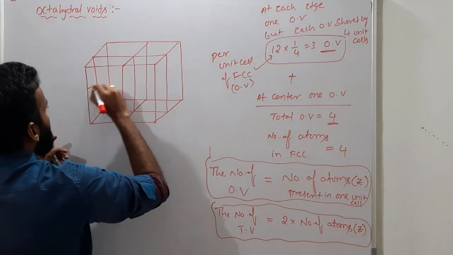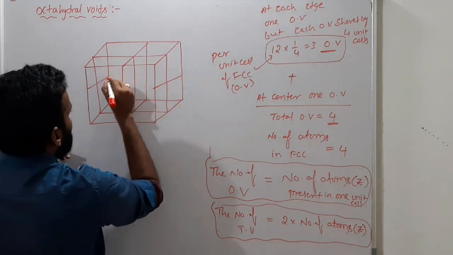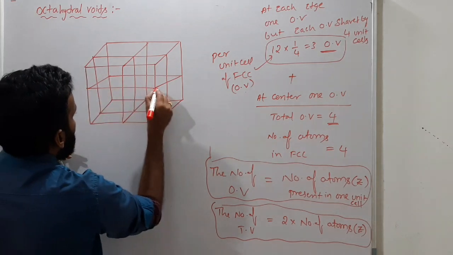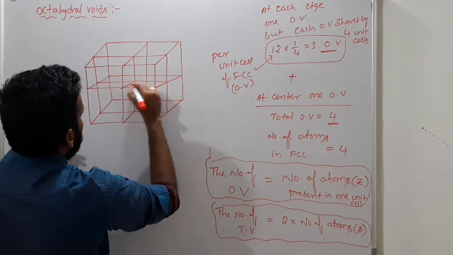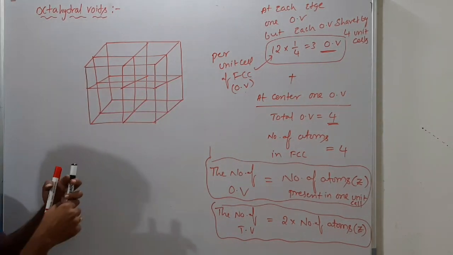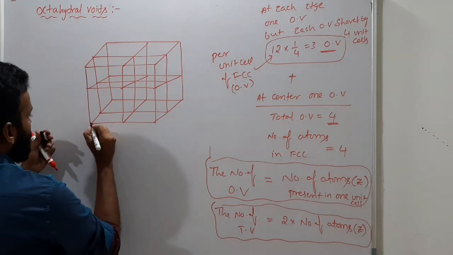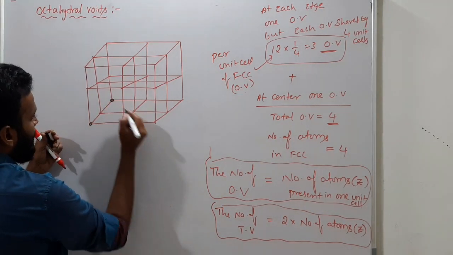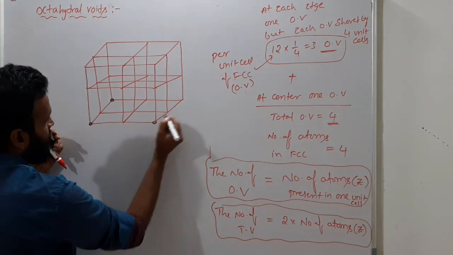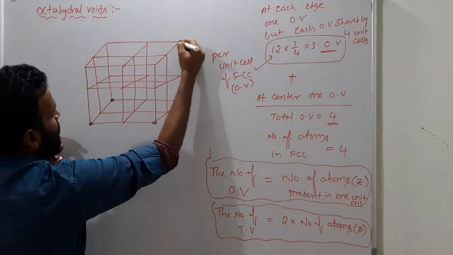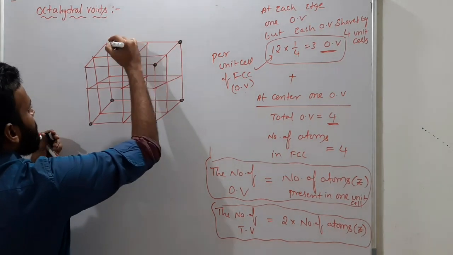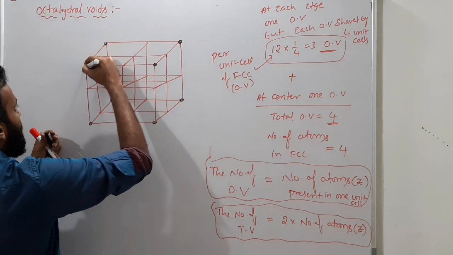Exactly in the middle. Now like this. Combine these two. Okay, now I will draw clearly. So at each corner you are having an atom: 1 and 2, 3, 4, 5, 6, 7 and 8.